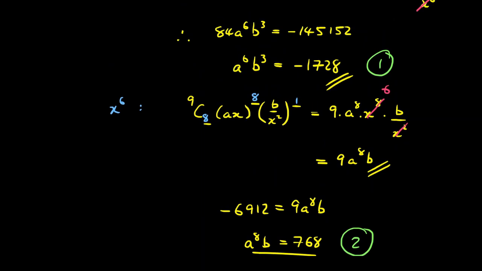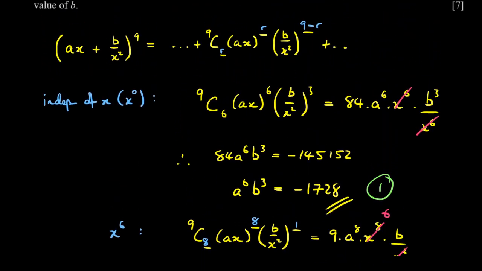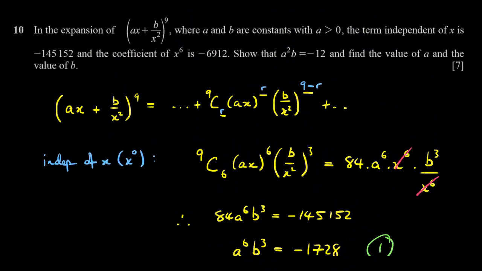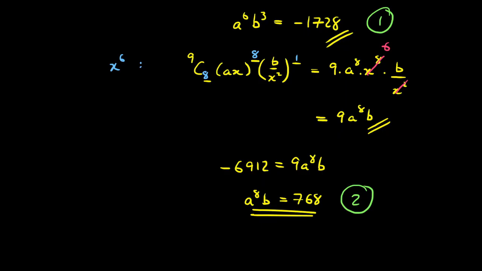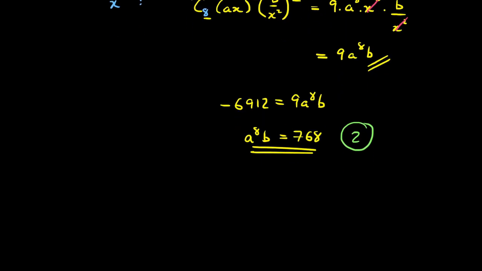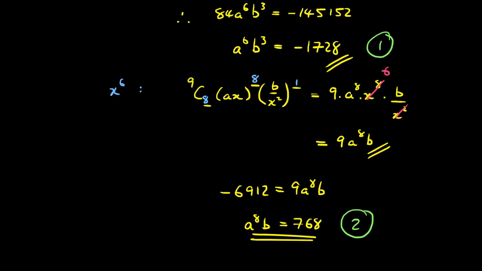All right, then, what are we supposed to do? We want to show that a squared b is equal to negative 12. Well, I think I can take this thing here, equation 1, which is a to the 6, b to the power of 3, which is equal to negative 1728.